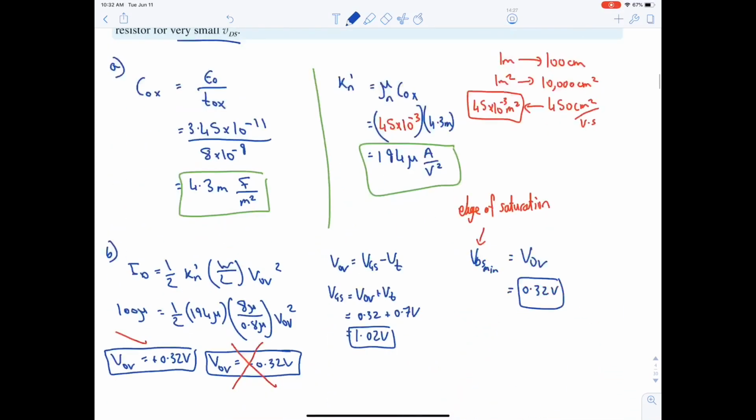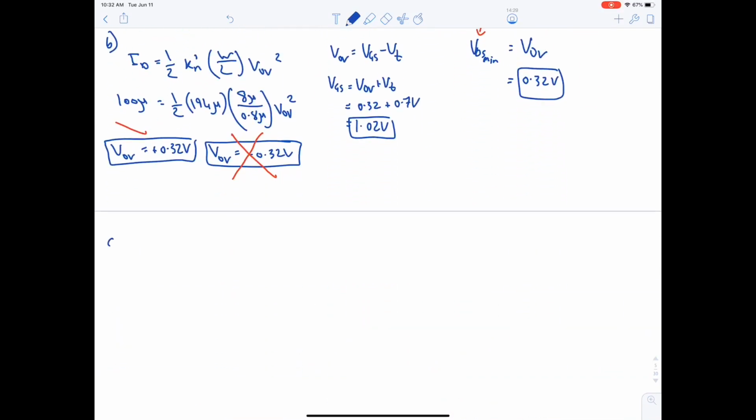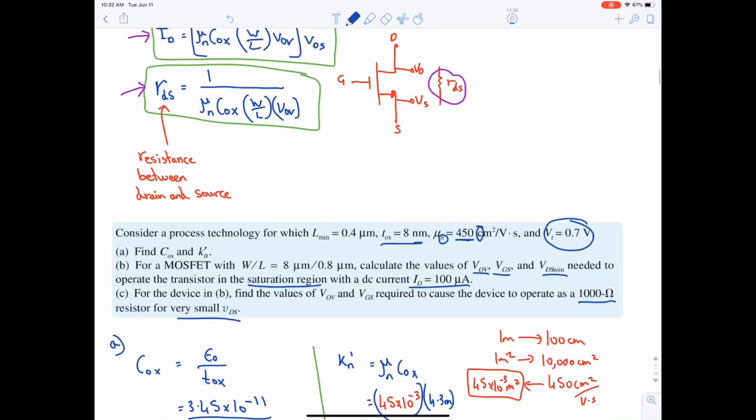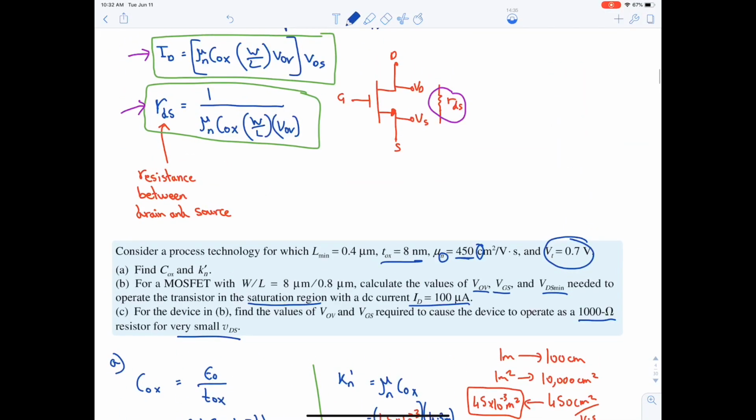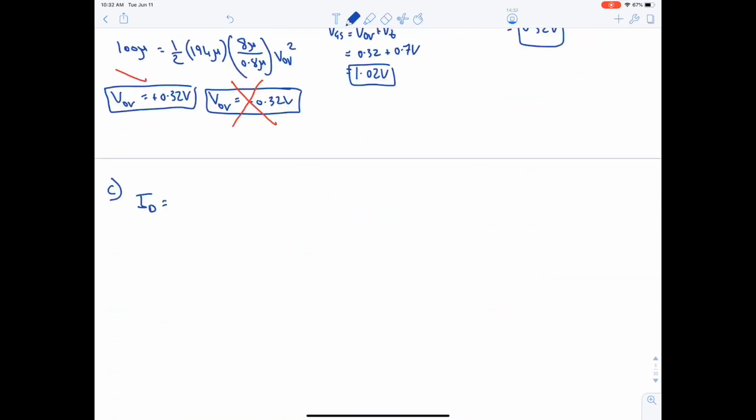Okay. So what's ID there? ID is equal to mu n COX W over L VOV VDS.